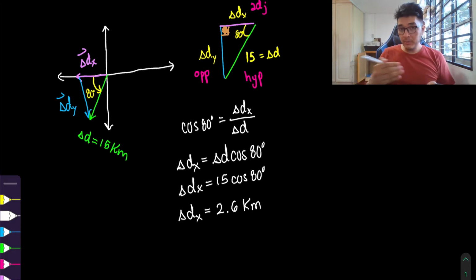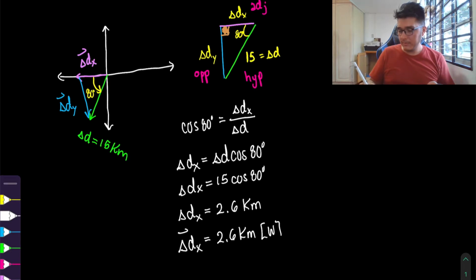And remember, it was pointing to the left, which is west, so we have to write as the vector delta dx, 2.6 kilometers west. So once you use the cosine ratio, now you're going to use the sine ratio. So sine of 80 degrees.